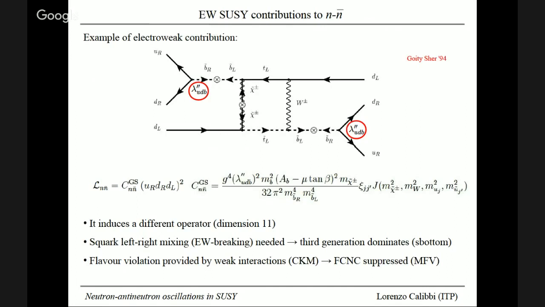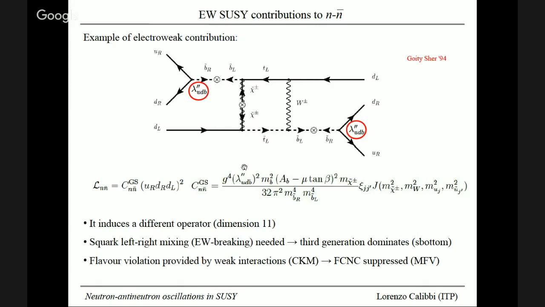Okay, so I think I'm running out of time, so let me just mention very quickly that this was just one possible way of giving rise to N-bar oscillations. If you have a look at the paper, we collected several more diagrams that do the job. This is an example of a loop-induced N-bar oscillation, which requires electroweak interactions instead of strongly interacting supersymmetric particles as before.